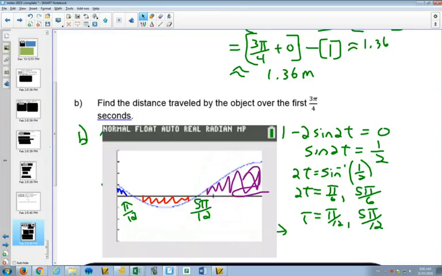Now that's what 2t would equal. So then solving for t, you could just divide both sides by 2, and you'd get your first 2 answers. If we wanted to go further, you could find other places that it's going to intersect again. But since we're only figuring it out in the first 3 pi over 4 seconds, this is going to be enough.